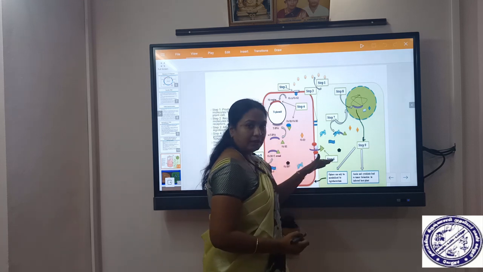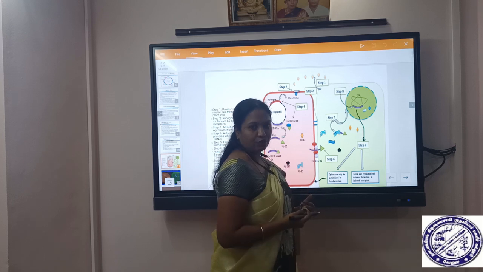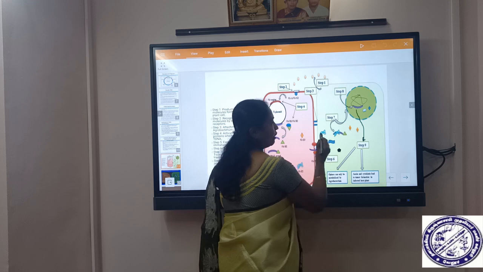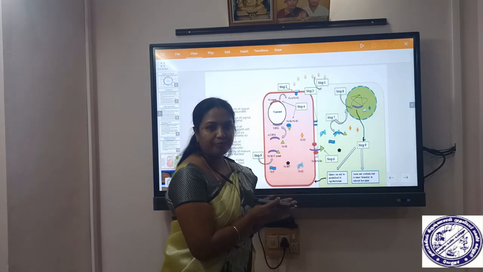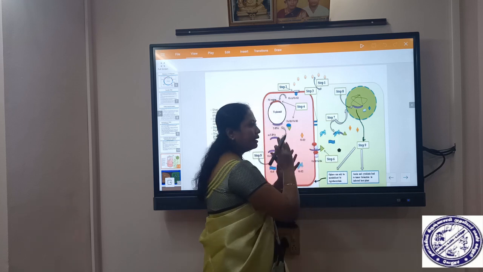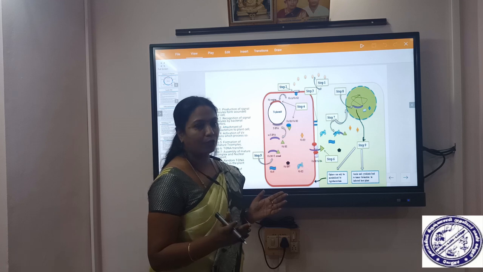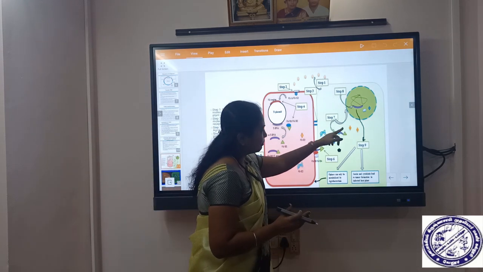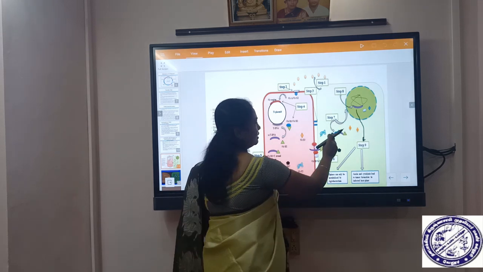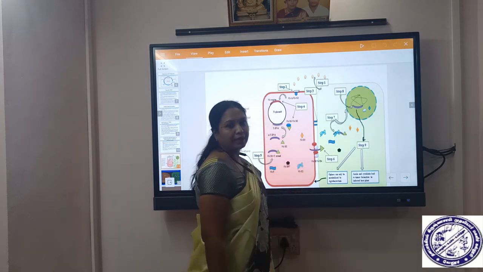See, once it enters, there are some proteins waiting here to invite the immature complex. So this immature complex will enter. These are supportive proteins, and they get attached and the immature complex gets converted into a mature complex. So this is the structure of the mature complex, and this mature complex now travels towards the nucleus of the plant cell.